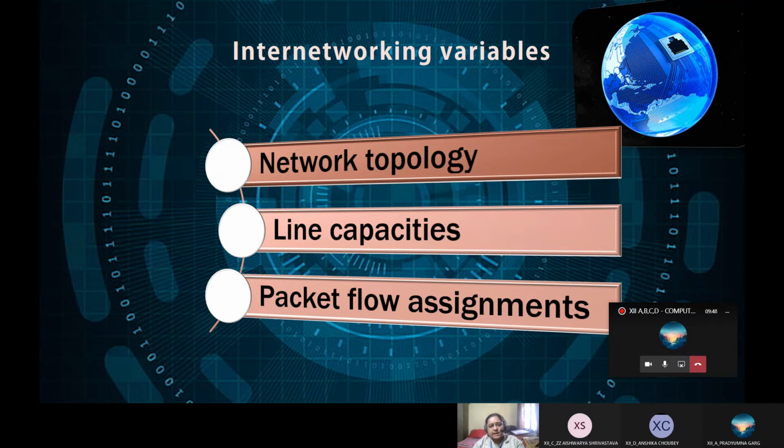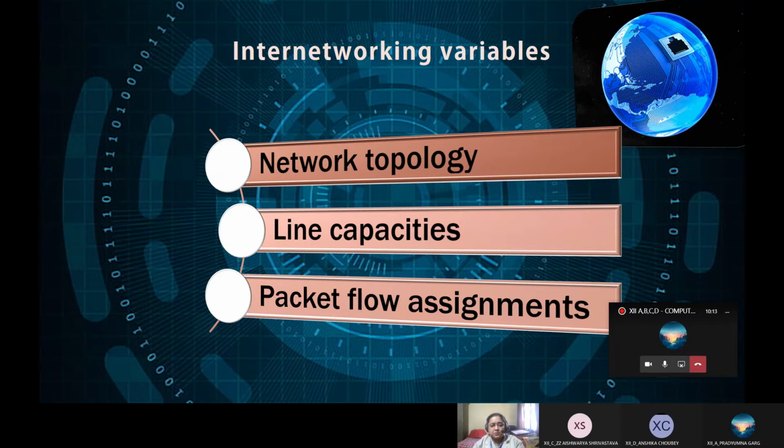So packet flow assignments also have to be kept in mind. Okay, that is how we are assigning. Usually it is packet switching which is followed, but suppose somebody wants to use message switching, although that never happens. Okay, so basically we are using TCP/IP and it follows a packet switching network.